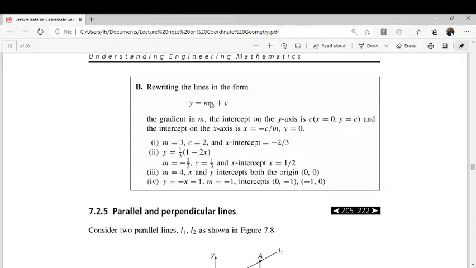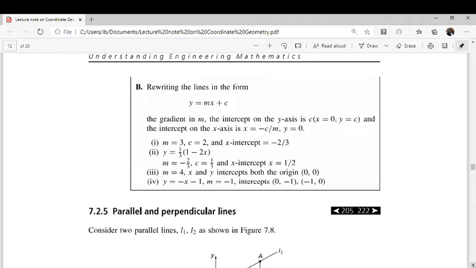This simply means I want to get x. It's just saying that y is 0. When y is 0 here, c goes to that side as minus c, and I make x the subject of the formula. That's what you call the x-intercept. The same way you do this other one.